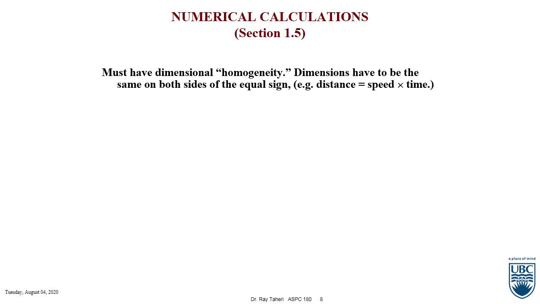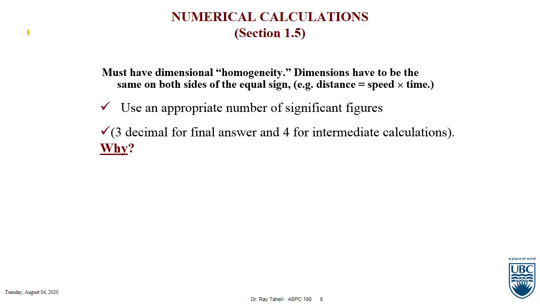You multiply speed, which is distance divided by time, by time, then the time will cancel each other and you get the distance. If the dimensions on both sides are not the same, definitely there is a mistake. So you should always be dealing with the same dimension on both sides of an equation.